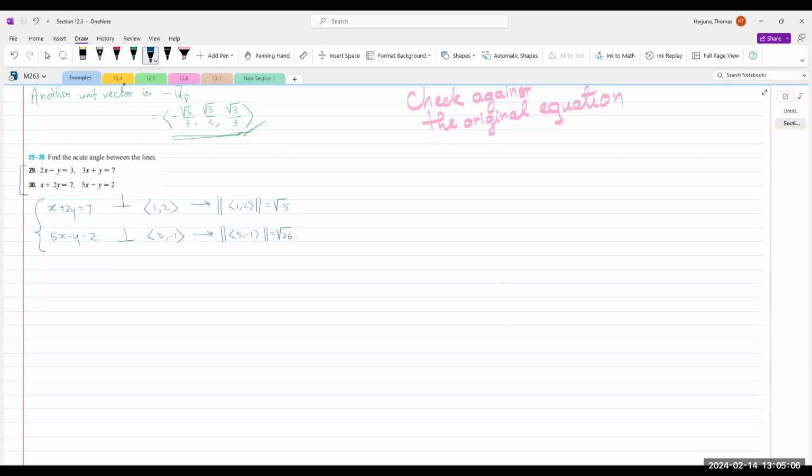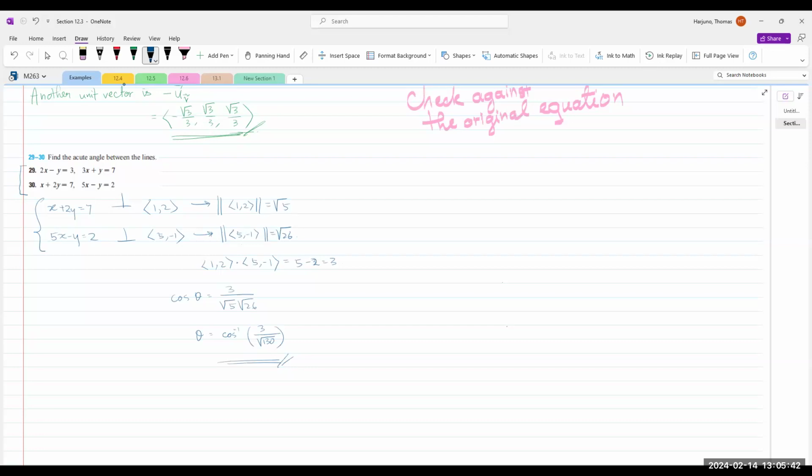The dot product is 5 minus 2, which is 3. So cosine theta, the cosine of the included angle, is 3 over square root of 5 times square root of 26. So theta equals cosine inverse of 3 over square root of 130.